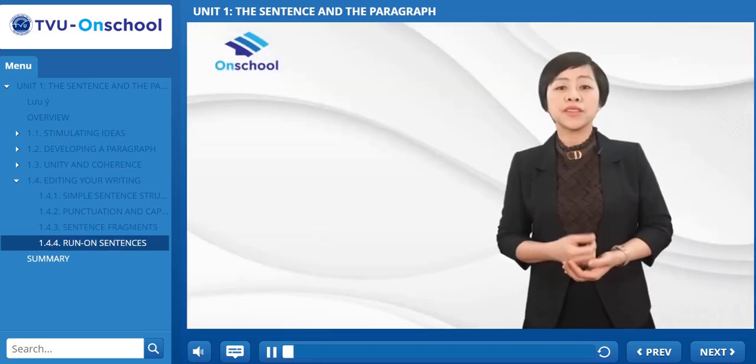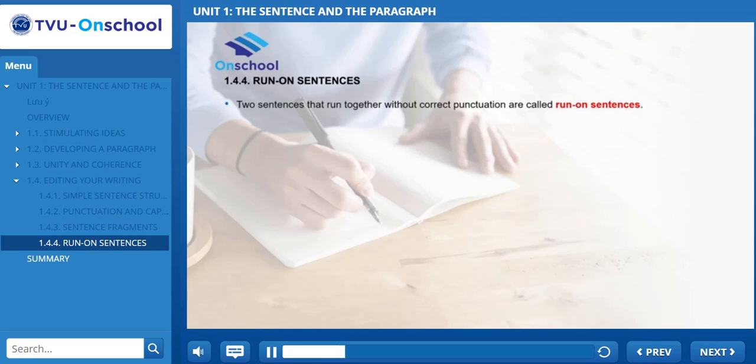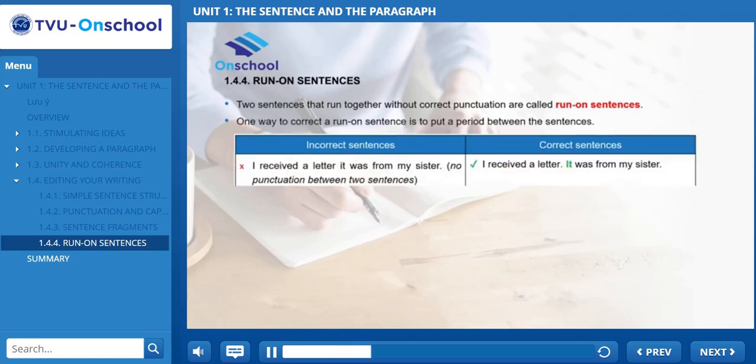Another common error that students often make is run-on sentences. Two sentences that run together without correct punctuation are called run-on sentences. One way to correct a run-on sentence is to put a period between the sentences. You can see in this example, the incorrect sentences can be corrected by adding a period and we capitalize the first letter.